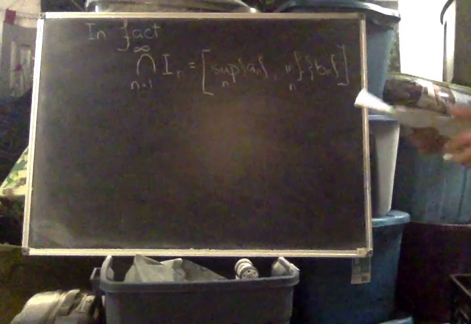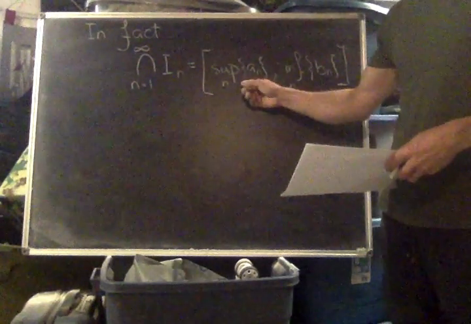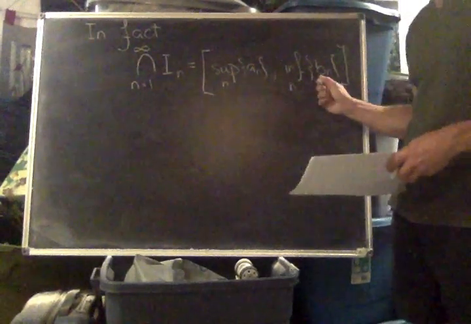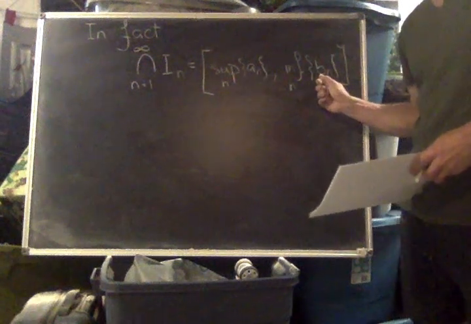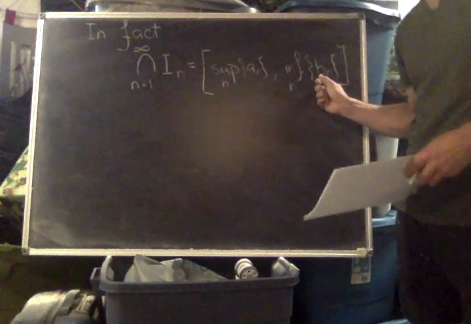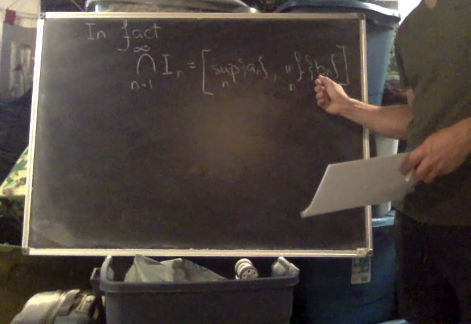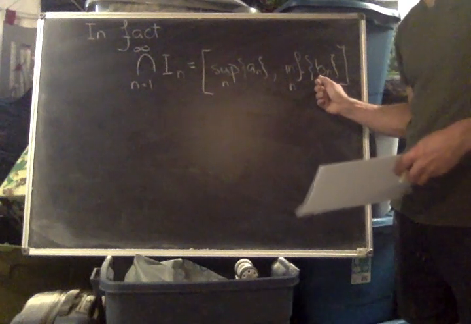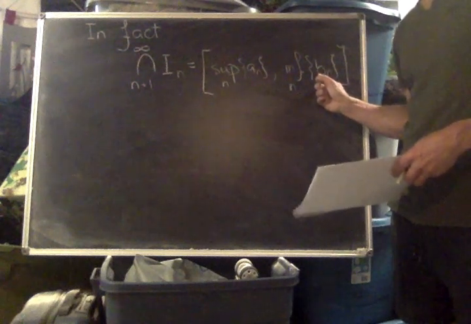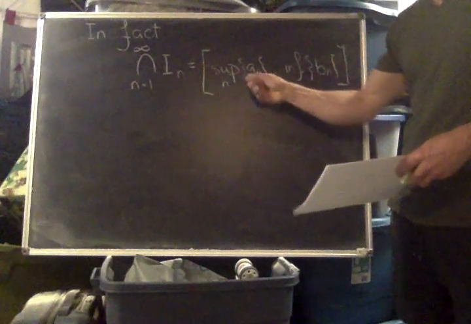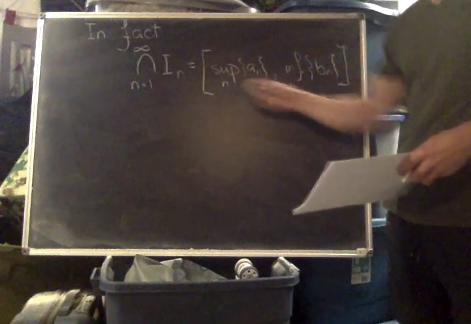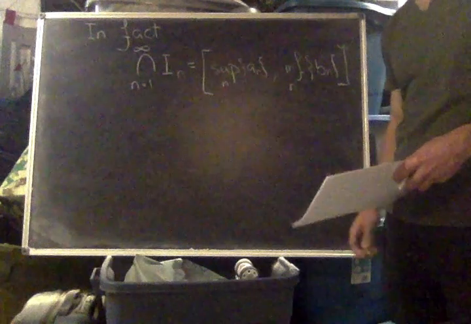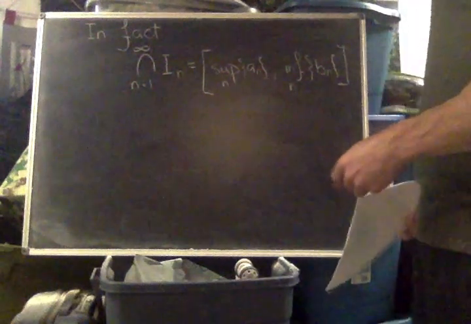Because the fact that these intervals are nested means that the a sub n's are an increasing sequence and the b sub n's are a decreasing sequence. As we saw in the proof of the nested intervals property, any one of the b sub n's is an upper bound for all the a sub n's, and any one of the a sub n's is a lower bound for all the b sub n's. So this inf and sup definitely exist. So in fact, this is the case.